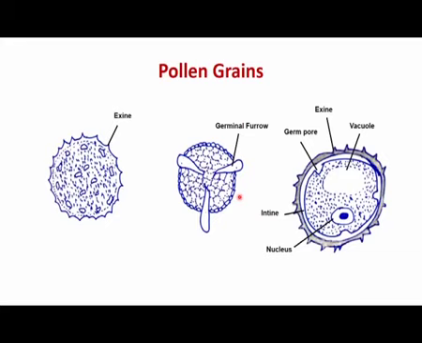The pollen grains are generally globose in shape, though in some cases they are also oval or polyhedral.